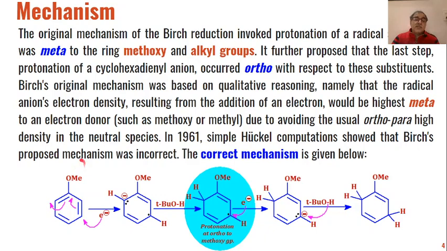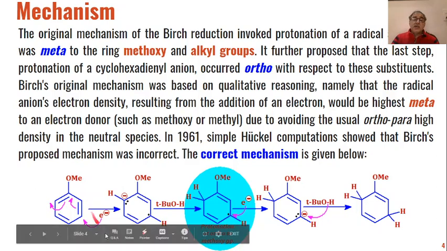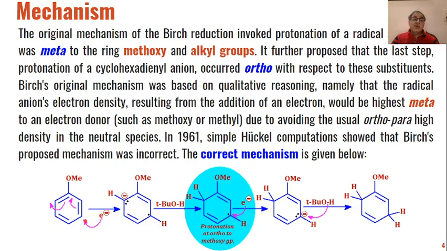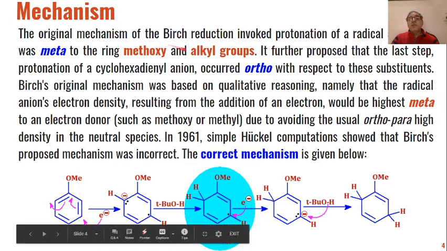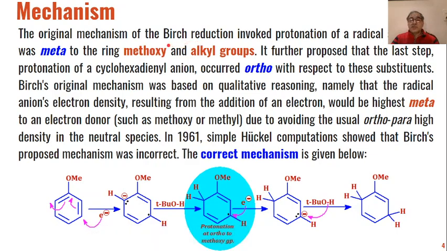Now when an electron releasing group is attached to the aromatic system, then the electron from the liquid ammonia sodium metal solution will attack the aromatic system, and originally the mechanism given by Birch thought that the attack of the electron will take place in such a way that the radical anion is meta to the methoxy or alkyl group.